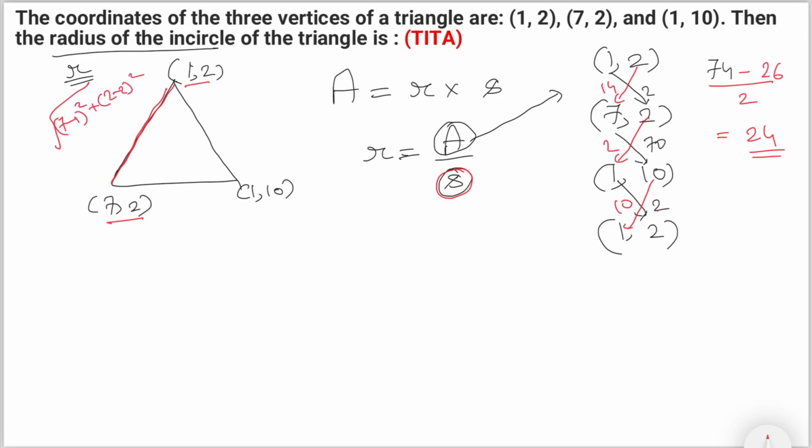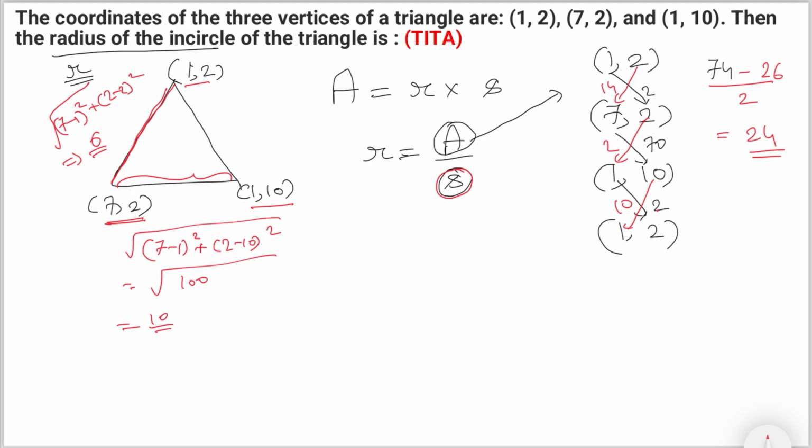This will be root of 7 minus 1 is 6 square plus 0 square, which is root of 6 square, and that is nothing but 6 units, right? Similarly, we can find out the length of this particular side. The vertices are (7, 2) and (1, 10). So square root of (7 minus 1) the whole square plus (2 minus 10) the whole square. This should be equal to root of 6 square plus 8 square, and that is root of 100, which is nothing but 10.